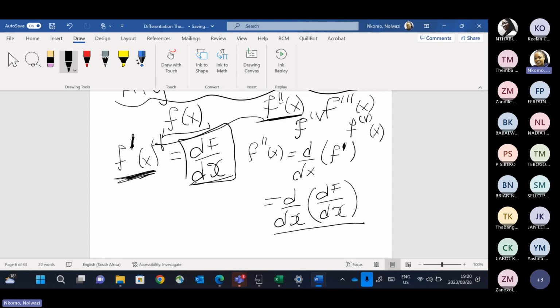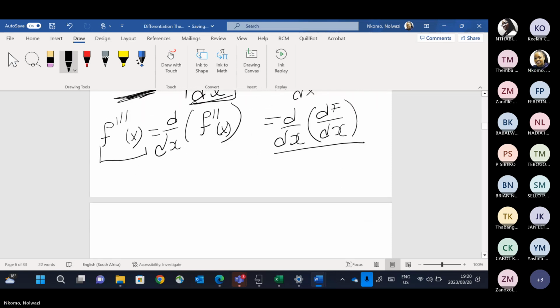Then the notation for a third order, remember I said for a third order we have 3 primes, right? This is the notation for the third order. Or again, you can write the third order as the derivative of the second derivative, meaning this is equal to d over dx of f double prime at x.